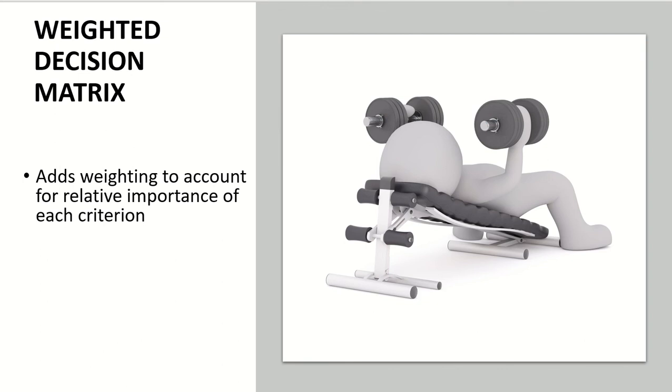For instance, honesty and reliability in a partner may be more important to you than financial status and sense of humor. To account for this, you can use a weighted decision matrix. A weighted decision matrix is like a simple matrix, except that it incorporates weighting to reflect different degrees of importance of each criterion to the decision maker.